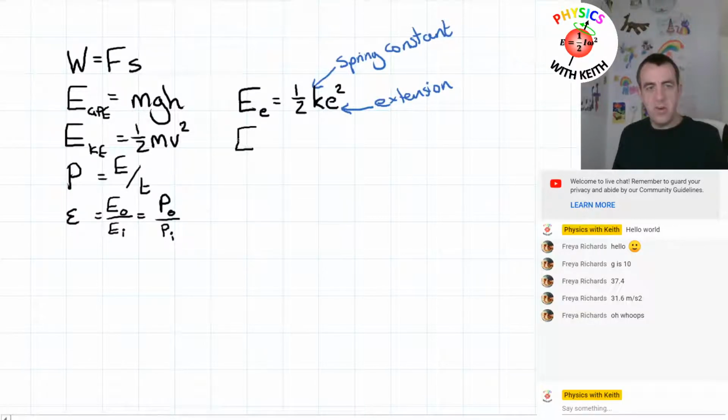There's another energy equation. The energy transferred in increasing something's temperature is equal to the body's mass, its specific heat capacity, and its change in temperature.